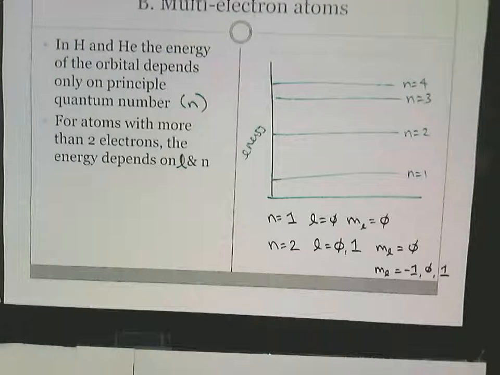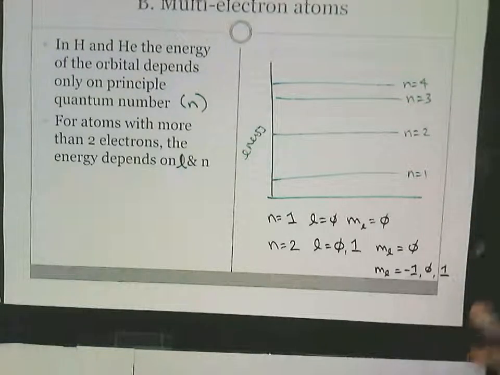The catch is if I have an energy level of 2 in my atom, it means I must also have an energy level of 1. They both exist. So if I have energy level 2, it really means I have N equal 2 and N equal 1 in my atom. They're both happening. So if I have N equals 2, it has 4 orbitals.